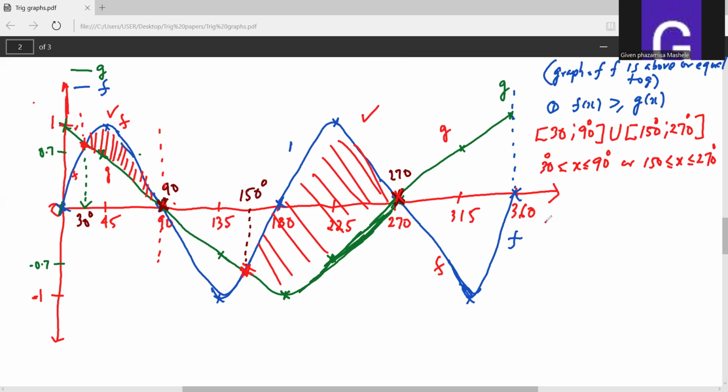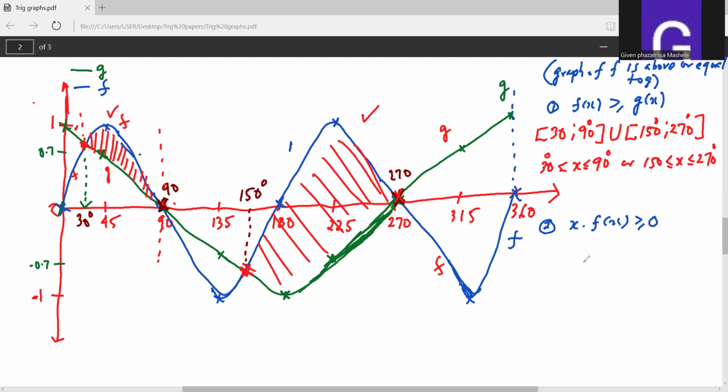Now, the second question. It says, determine the values of x for which x multiplied by g of x is greater than or equal to 0.